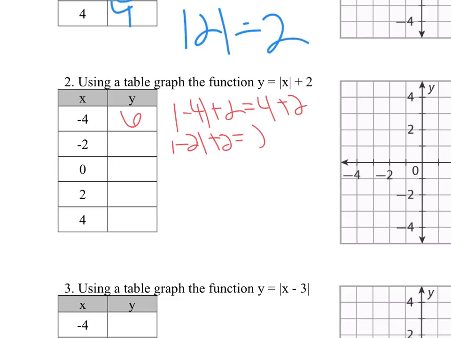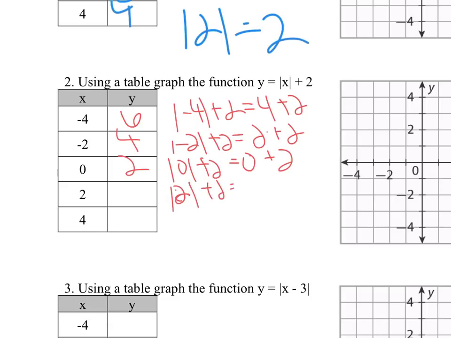That becomes a positive 2 plus 2, which is 4. We get absolute value of 0 plus 2, which is just 2. And then absolute value of positive 2 is still positive 2, plus 2, and we get 4. And then 4 becomes 6.